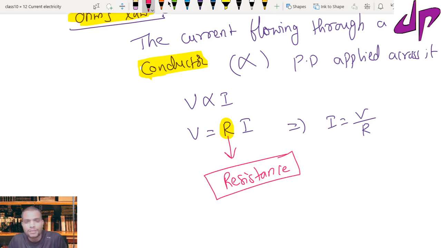So today we introduced a new property for conductors or insulators or any kind of material. That new property is nothing but resistance.